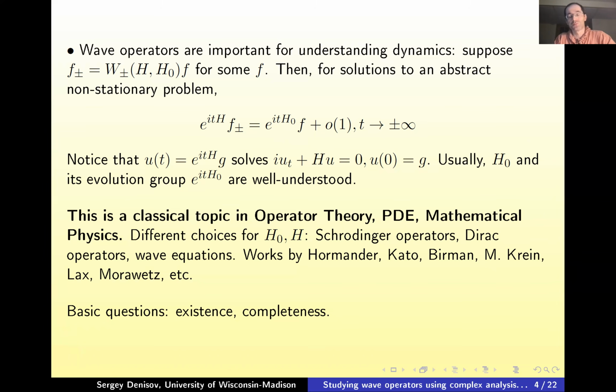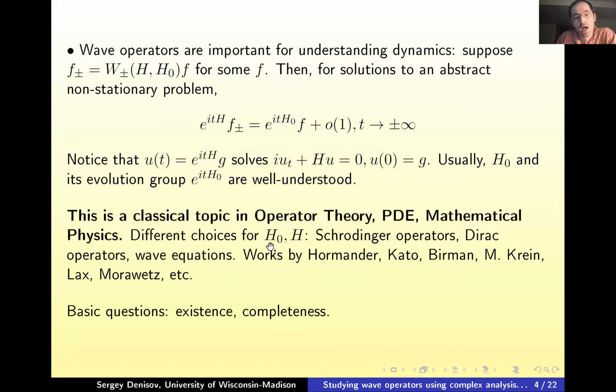All right, so I hope I convinced you that these wave operators are important, and they were studied a lot. That's a classical topic in operator theory, in mathematical physics, and partial differential equations. And so in this general scheme, for H0 you can take the Laplacian operator, and then H becomes a Schrödinger operator.